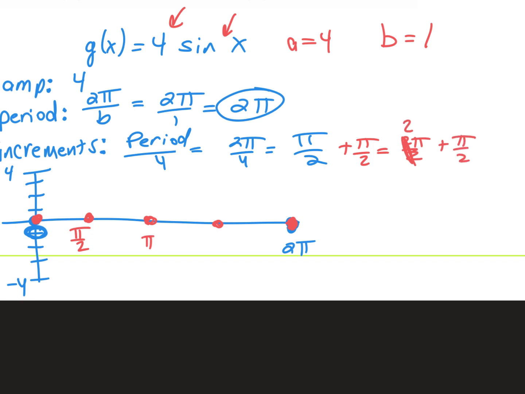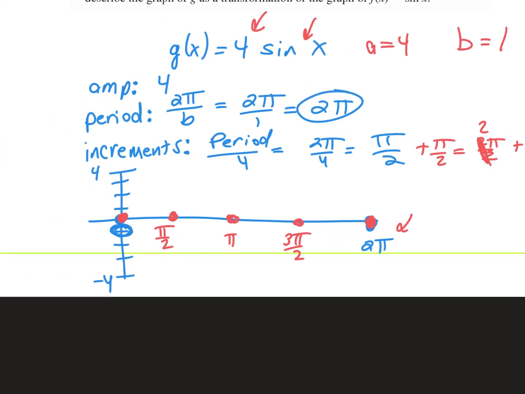If I have 2 pi over 2 plus 1 pi over 2, it equals what? 3 pi over 2. If I add another to that, if I have 3 pi over 2 plus 1 pi over 2, I get what? 4 pi over 2, which is 2 pi. You just add. From each tick mark to the next, you add whatever the increment is.